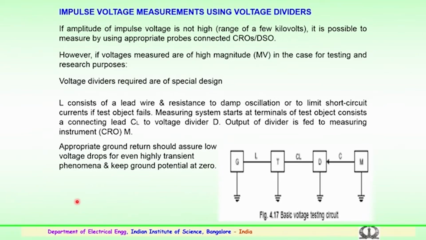However, if the voltages to be measured are of very high magnitude, more than 50 kilovolts to millions of volts, for testing and maybe for research purposes, then suitable voltage dividers are to be used, as discussed, and these voltage dividers could be of capacitive, inductive or resistive type, which have been discussed.